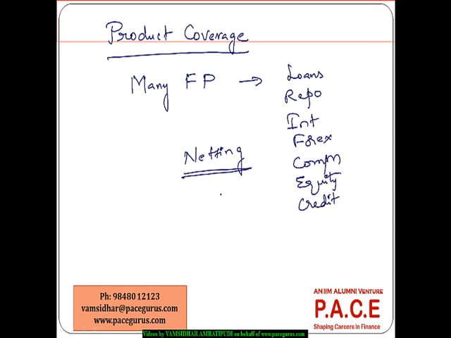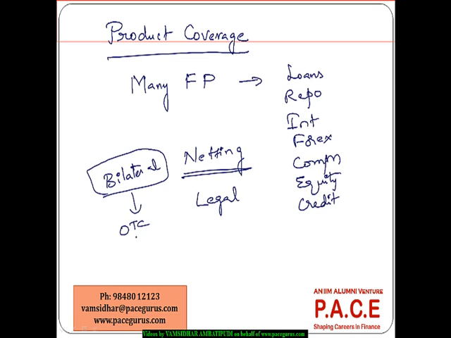But in this process, there could be a few legal and other operational risks that are very much bound to crop up. Because if we typically look at bilateral netting, it's purely between two parties, and to a large extent it is very much recognized for OTC kind of derivatives or repo kind of transactions, or typically on balance sheet loans and deposits.